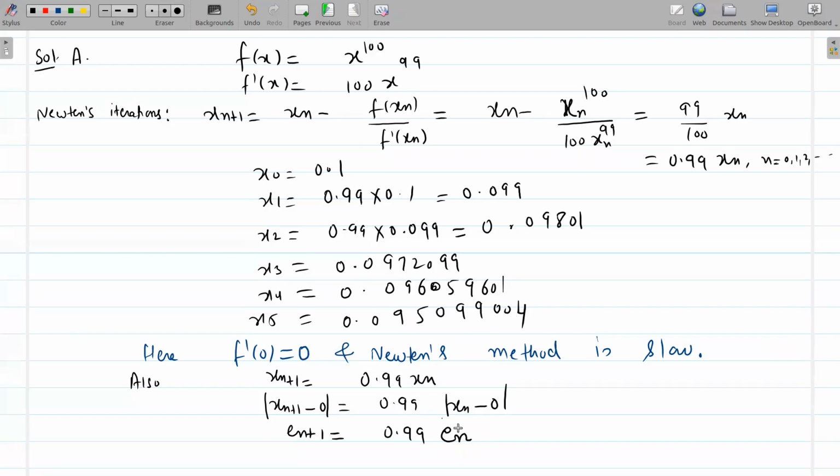En plus 1 equal to 0.99 en power 1. So here in this case convergence is linear.